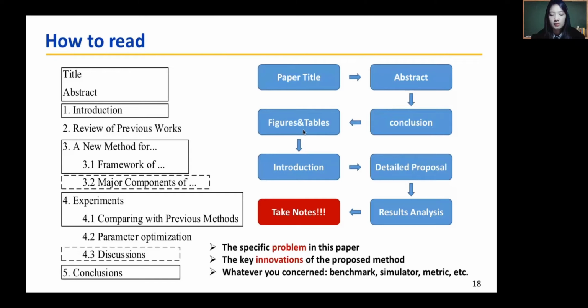Whether or not the figures catch your attention directly determines whether you want to take the next step, reading the introduction. Because the main function of the introduction is to emphasize the value and necessity of the research topic. It will try to connect the larger background and more important issues.